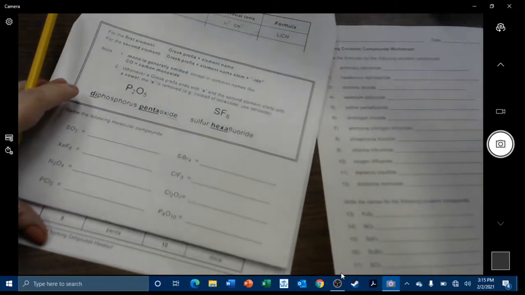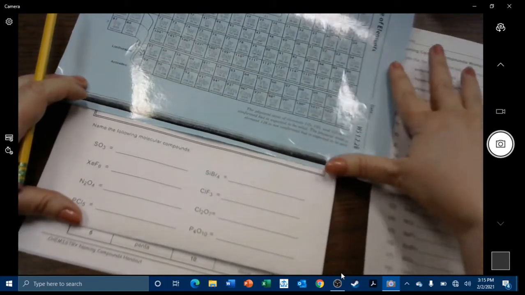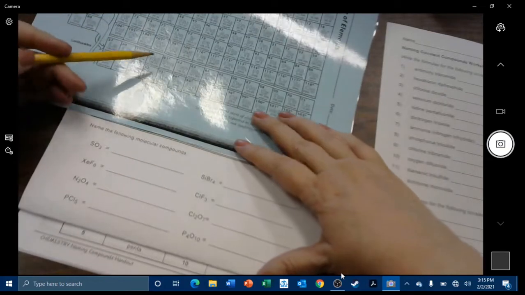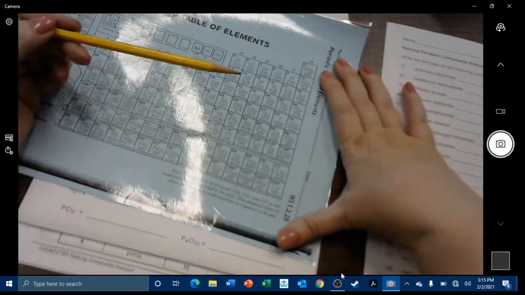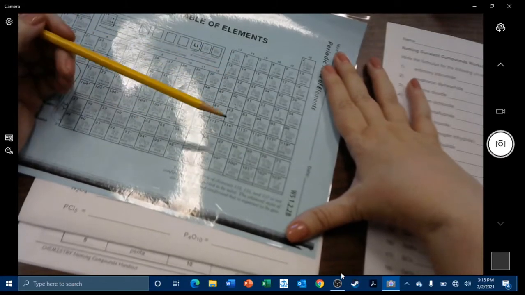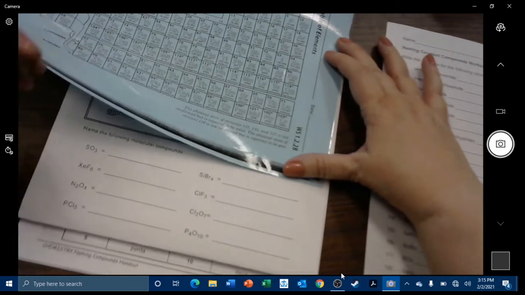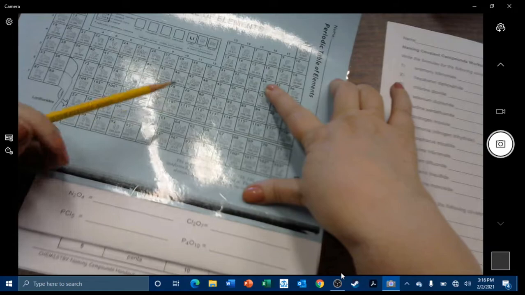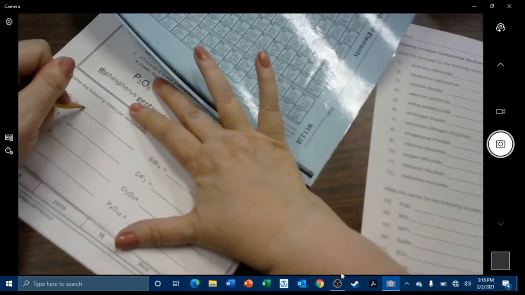We're going to use our periodic table to figure out what the elements are. Remember, these are all going to be on the right-hand side of the periodic table, because they're both nonmetals. The first one is S, sulfur, and it's right here on the periodic table. So I can write sulfur.